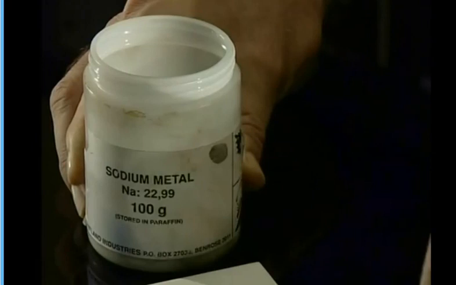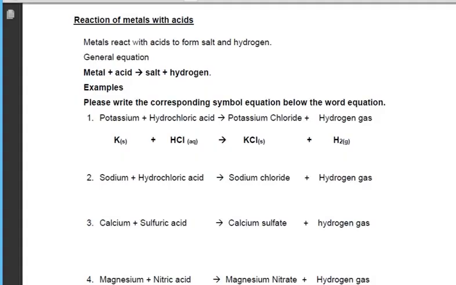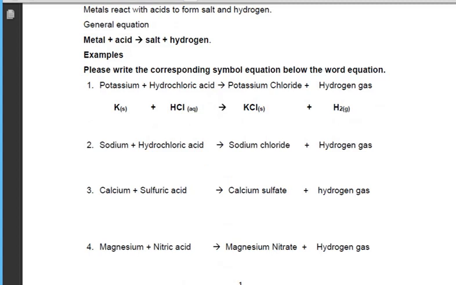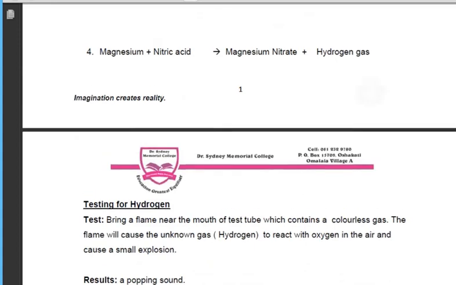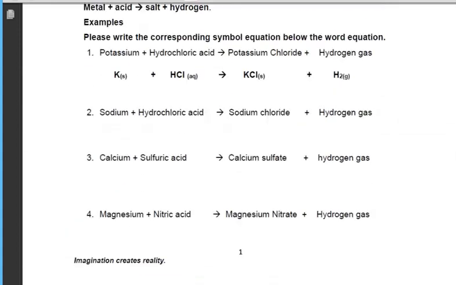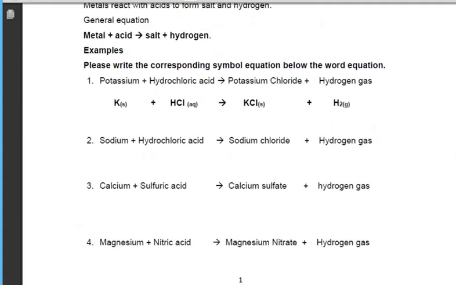So now let us look at some word equations describing the reaction of a metal with an acid. I did the first one for you so that you can have an idea of what the equation should look like.